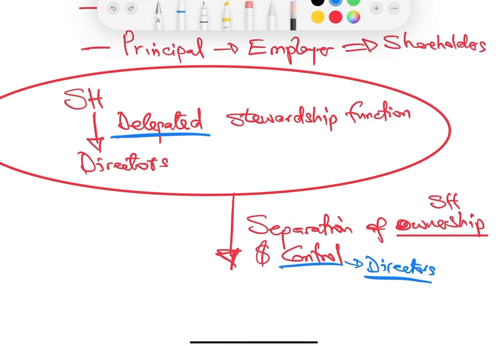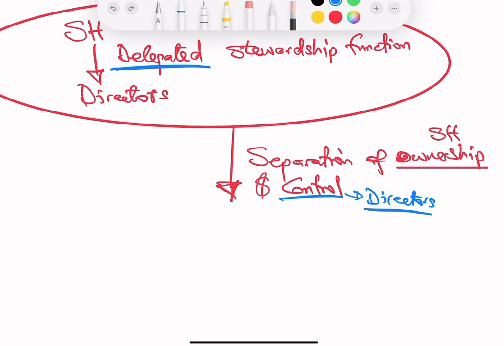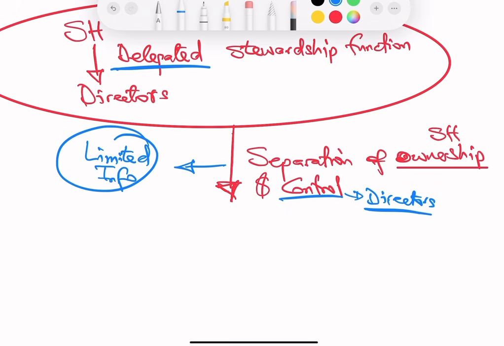Please take note. And once that separation happens, it means that the shareholders don't have enough information about the company any longer, because they will only get financial statements once in a year. Because they have less involvement, they will have limited information, and this is called information asymmetry.